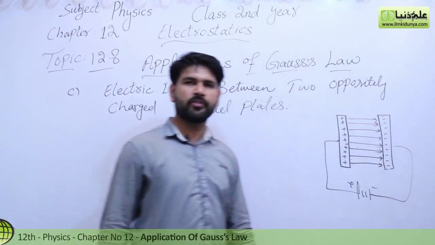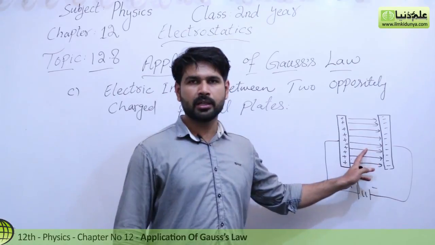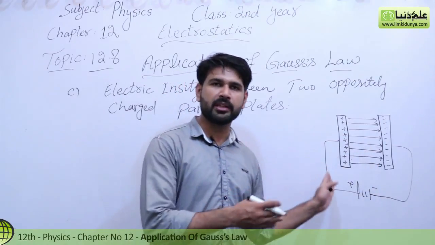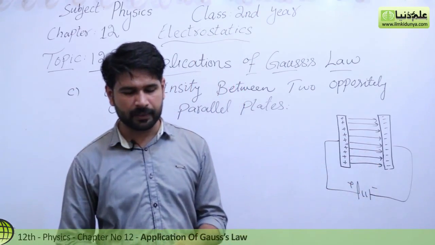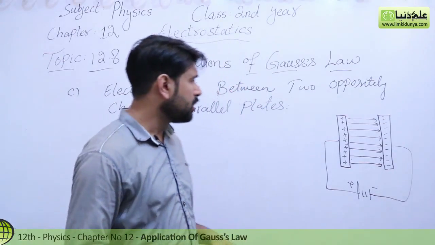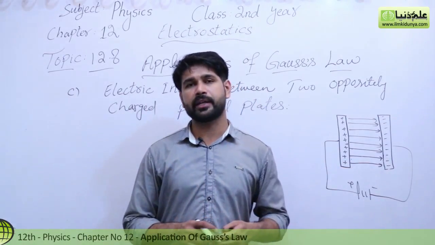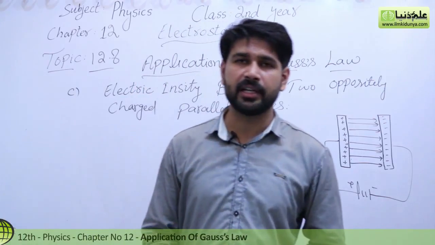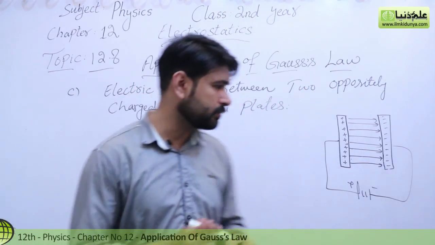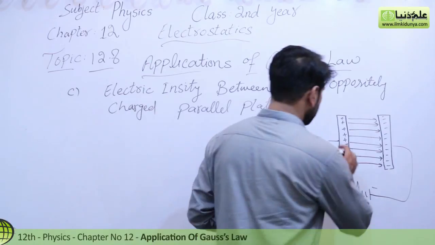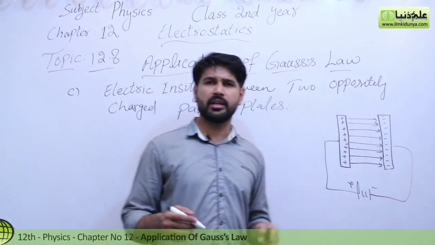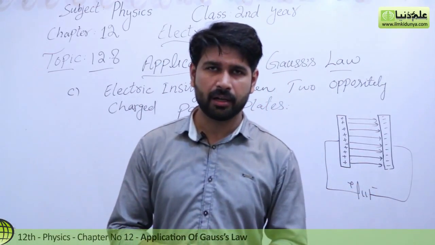Here we have an intention to find out the E inside, or between, the 2 oppositely charged plates. So keep it in mind, the electric field inside a conductor is 0. The electric field inside the conductor is 0 because there are free charge carriers inside the conductor.